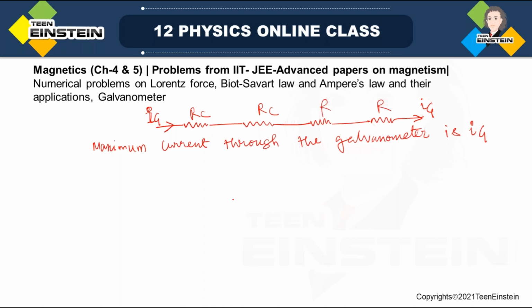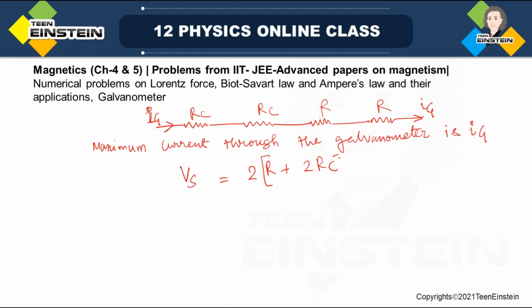Therefore, what is the maximum voltage range we get here? The maximum voltage range in this case in series, what we are getting? We're getting I into 2R plus 2RC.